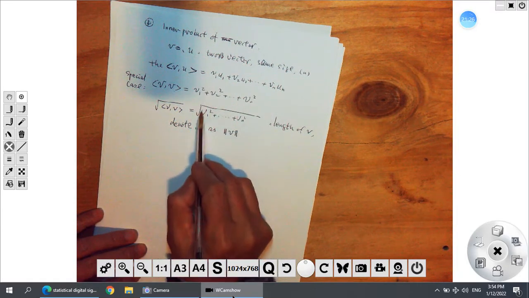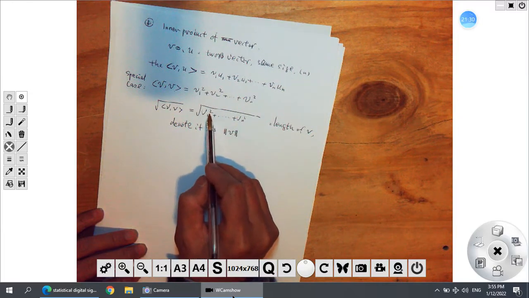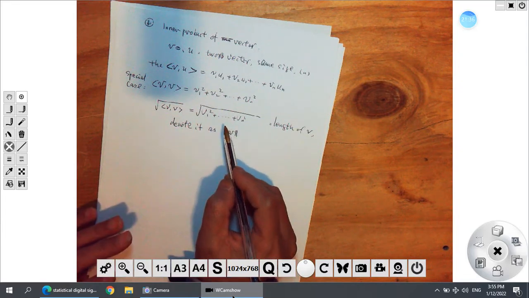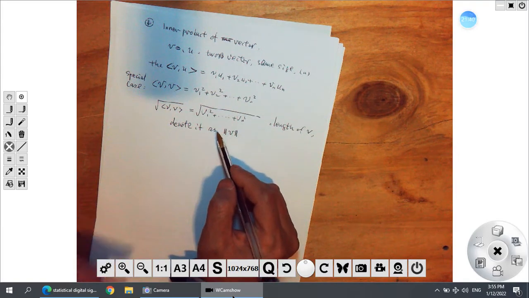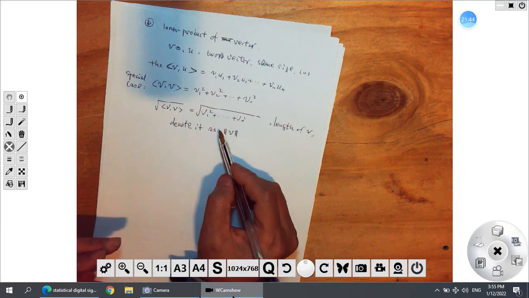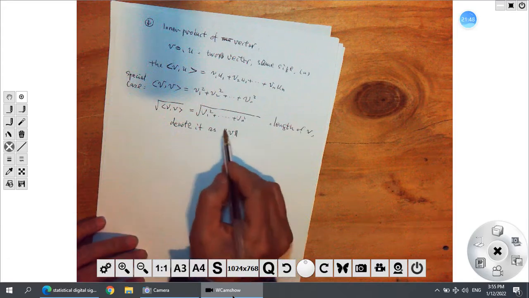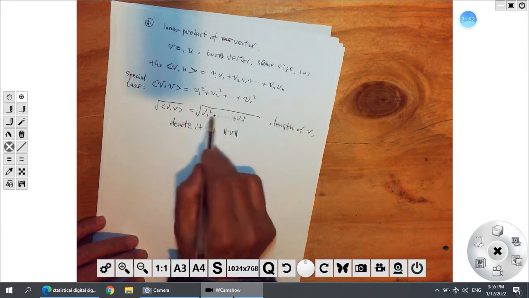Square root of V1 square is just the absolute value. Like 2, you take square, you get 4. Then square root, you go back to 2. Negative 2, you take square, you get 4. Take square root, you get 2. Remove the negative, so it's absolute value. In the one-dimensional case, this is just absolute value.